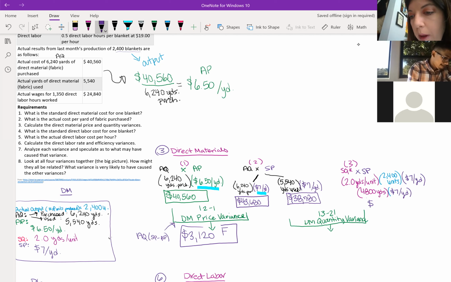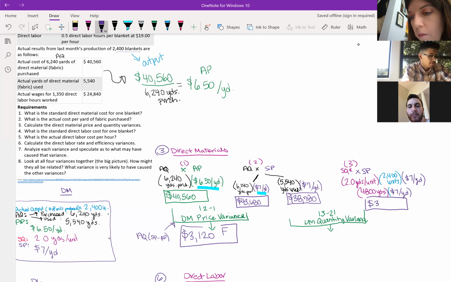How much should you have paid in total for direct materials? 33,600 when you produce 2,400 units.